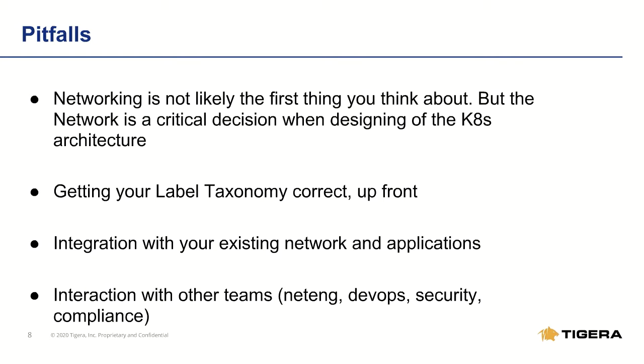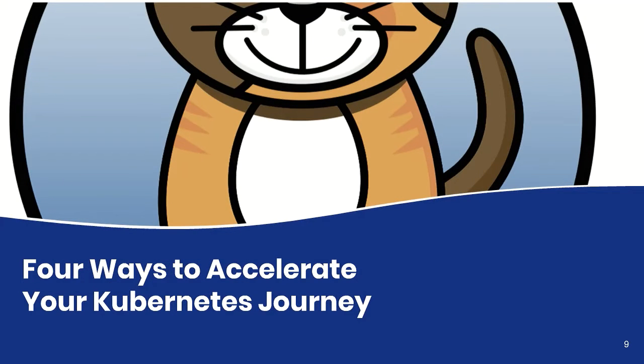So these are the areas where generally a Kubernetes project will stall because, if you don't get these things right, you kind of have to go back and do things over again. So that said, I'm going to talk about 4 ways that you can accelerate the Kubernetes journey and reduce the risk of those stalls as you progress from stage to stage.